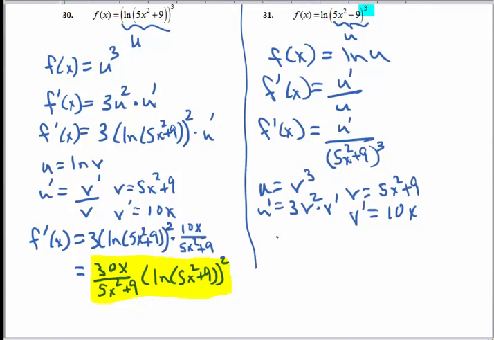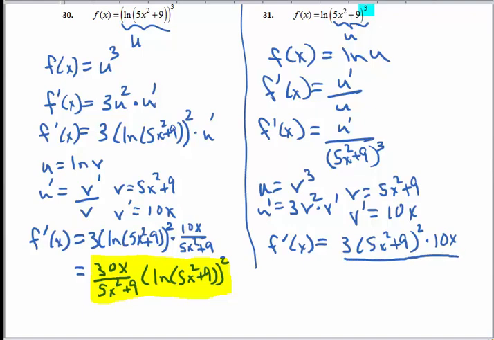I can now write this all in terms of x, because I can replace u prime with 3 times 5x squared plus 9 squared times 10x, right? That's my u prime, over 5x squared plus 9 to the third.